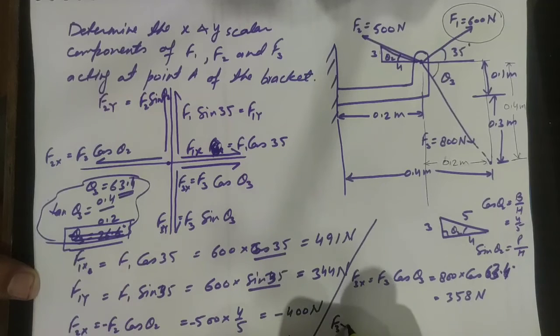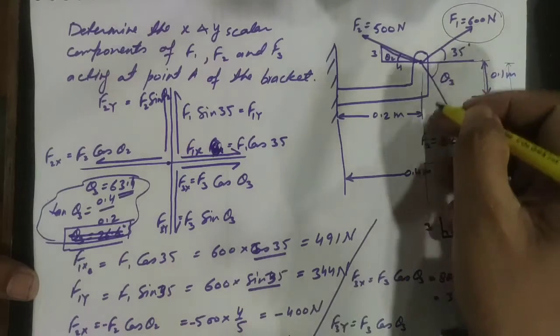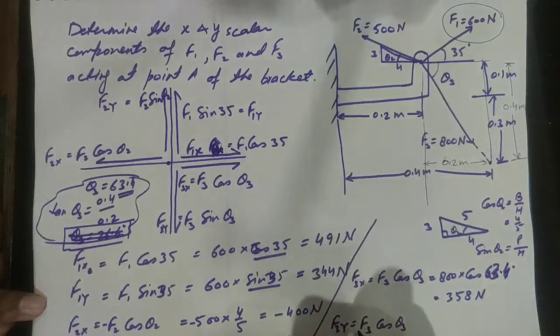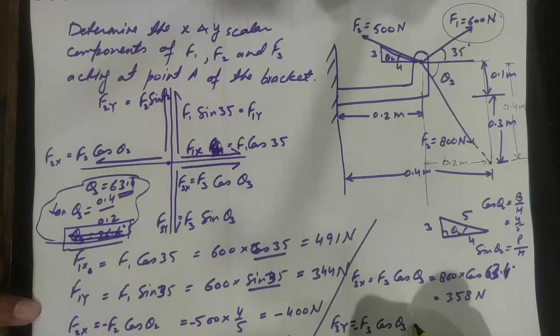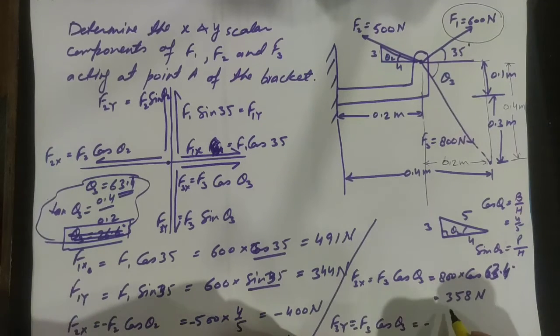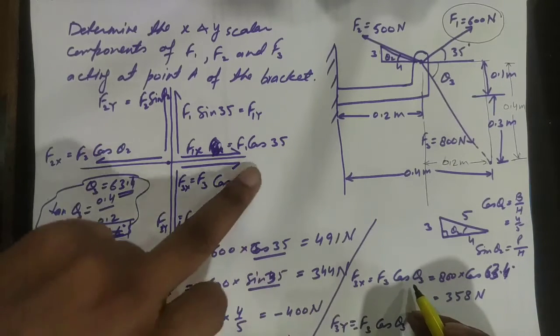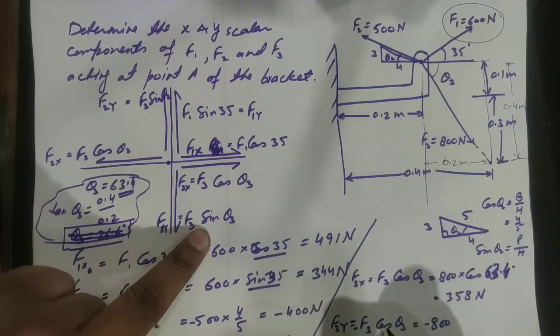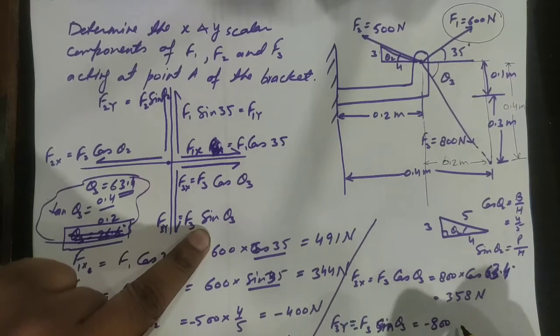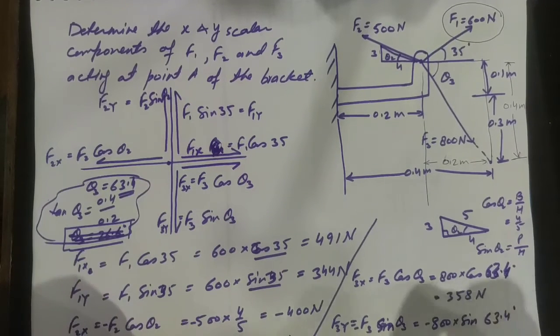And f3y is equal to f3 sin theta 3. It is going in the downward direction, minus y, so it will have the negative sign. Then 800 into sine 63.4 degree.